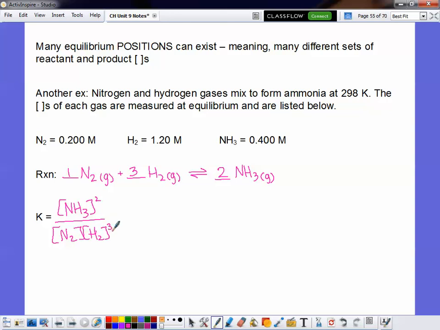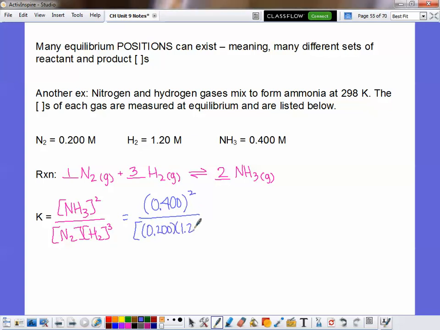So now we're going to plug in the numbers. NH3 is 0.400. We're going to have to square that. Divided by N2, which is 0.200 times 1.20 cubed. So when you do that math, you should get 0.463.